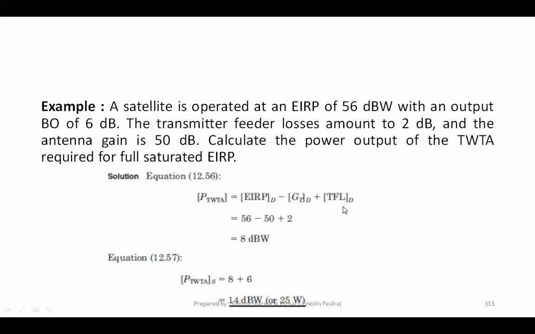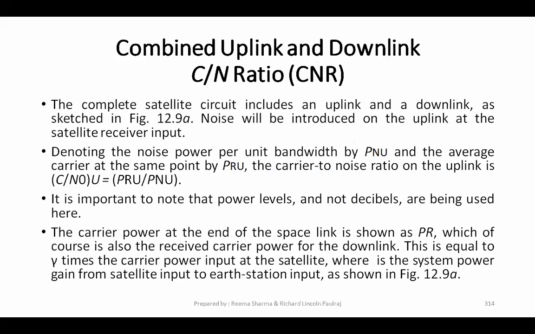Your transmitter feeder losses are also mentioned as 2 dB, so that is also directly taken. Ultimately, try to understand the question and what data is given, tabulate them, and then use the formula and fill in the data, and it is as simple as that.